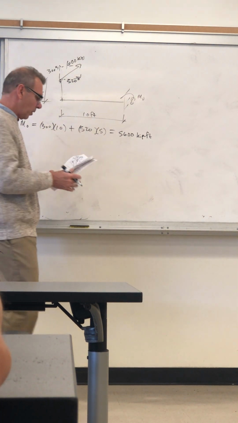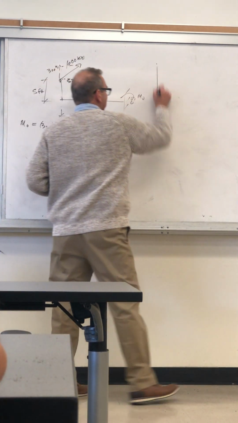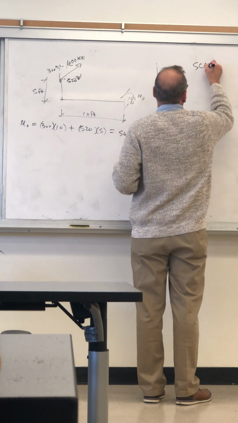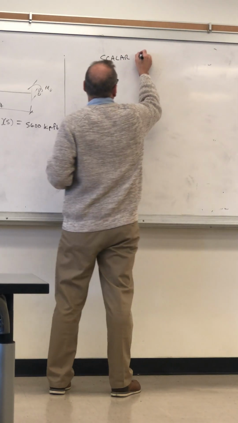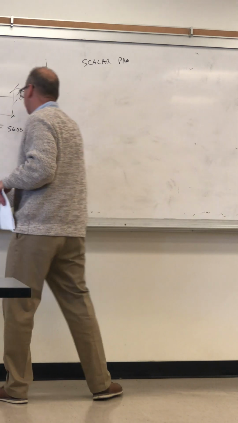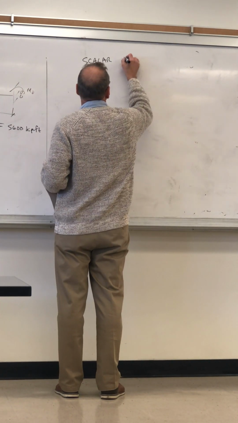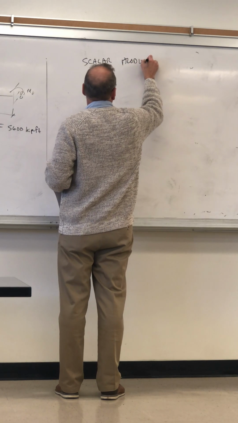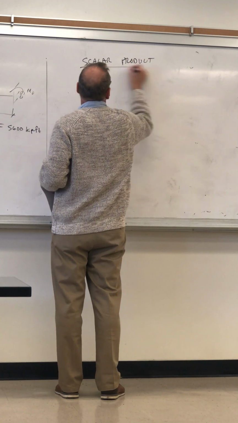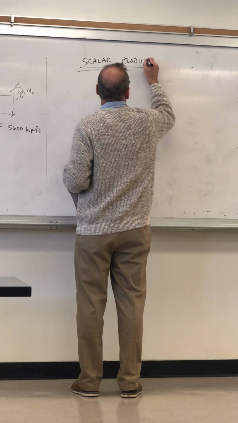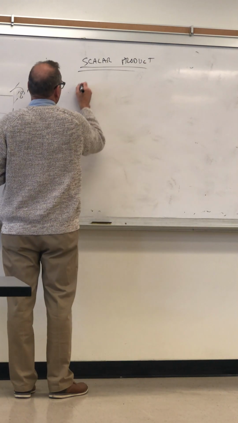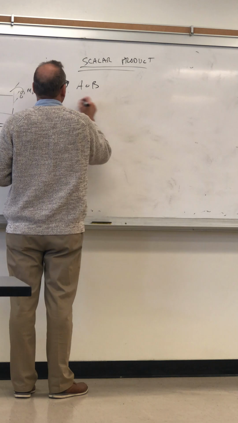So we have a cross product and we have the scalar product. Scalar product is A dot B. These are vectors.